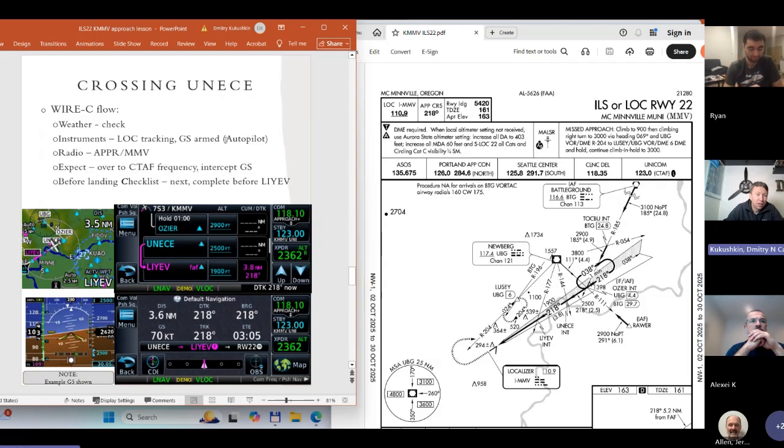So I'll clarify, this is when you have the autopilot on. And autopilot or not, before the final approach fix, you are nearing that required glide slope intercept moment. If you passed the final approach fix and you did not intercept glide slope, that's a problem. And then before landing checklist, C for checklist. Make sure it's done before the fix.